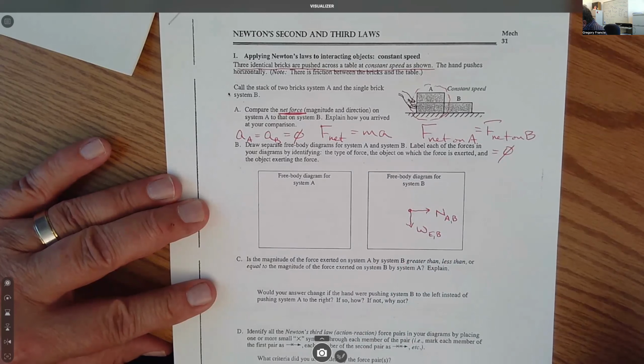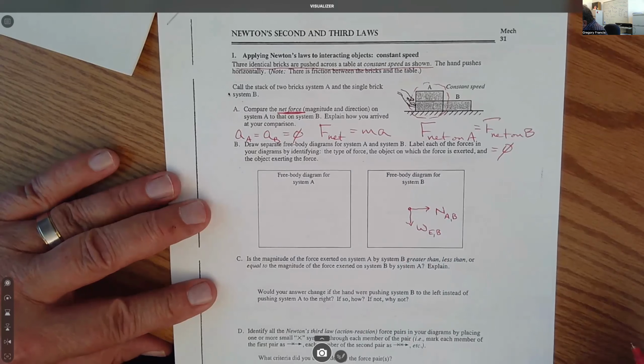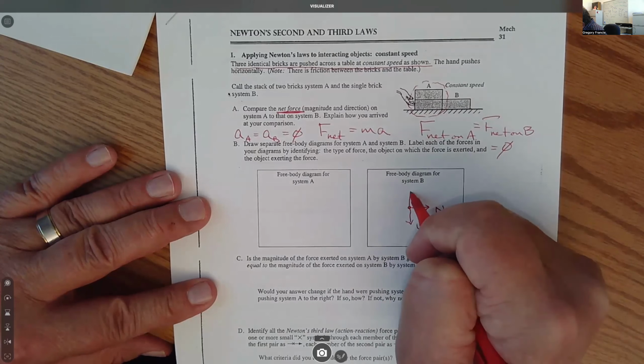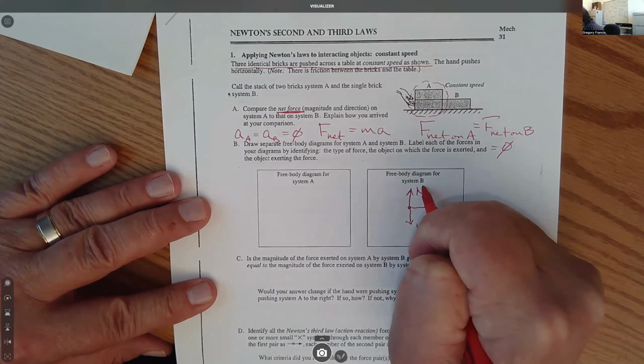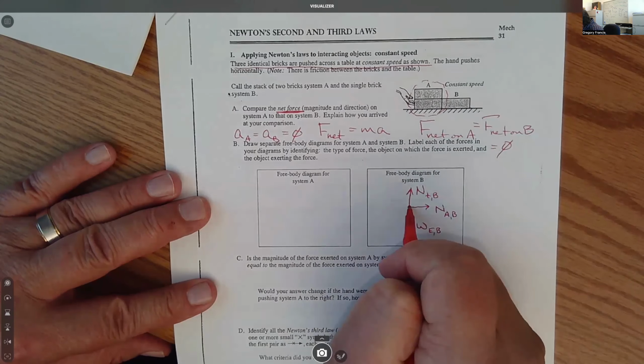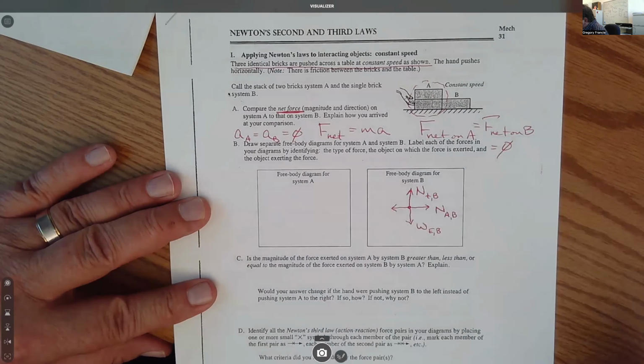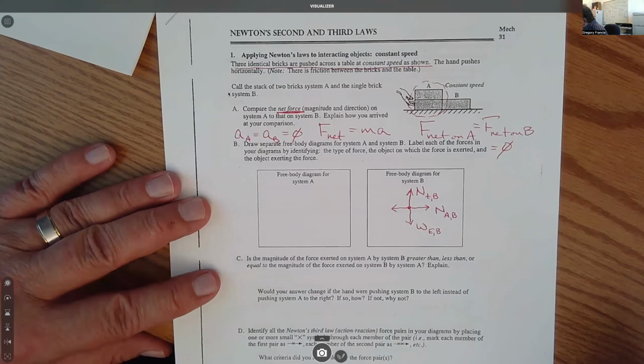I also know that the table pushes on B, and it pushes with a normal force up and a friction force. Now, we know there has to be a friction force, because otherwise that block B would be accelerating, speeding up to the right.